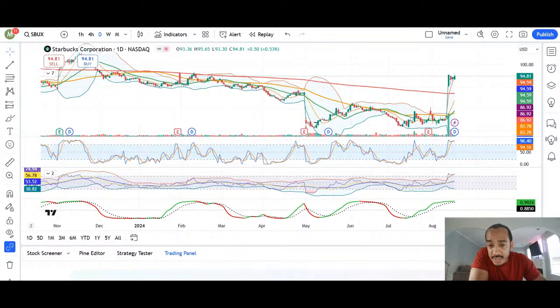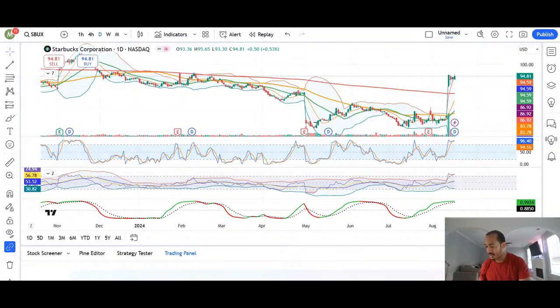The RSI is overbought. The stochastic is overbought. And if you look at the smooth MACD on the bottom, it's looking like it's about to change colors to the red. It looks like it's about to cross over. So Starbucks would be an easy day trade option, put option.